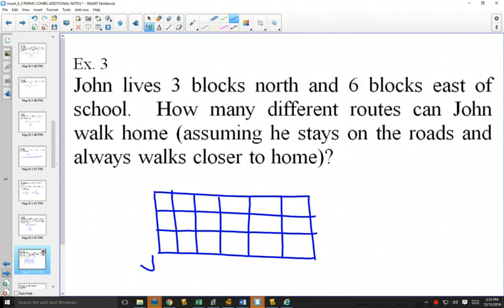So John lives here? No? Now we're saying top right? School's going to be down here? Excellent. He wants to walk home, so he's starting here. He needs to go north 3 times and east 6 times.